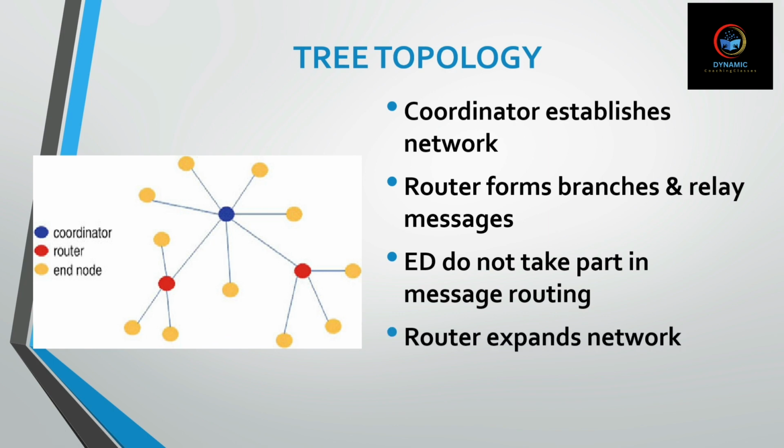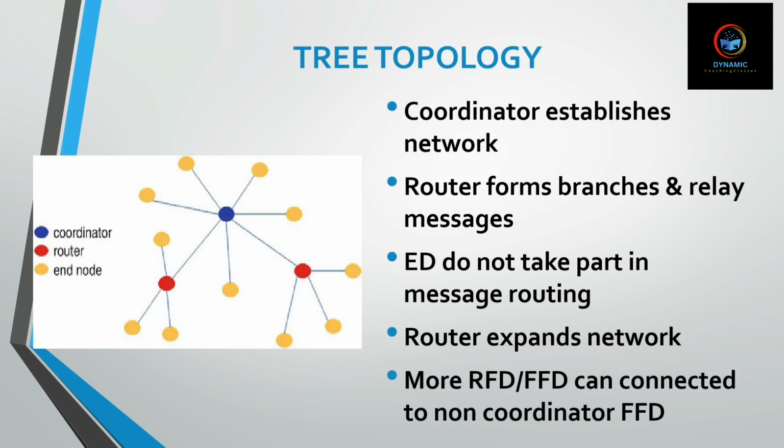What is the function of the router? Basically, the router expands the network beyond the network that has already been established by the coordinator. First the coordinator establishes one network, and you can expand this network with the help of routers. That is the function of the router. It is very similar to the star topology. The difference is that the other nodes can communicate with each other, so more RFDs or FFDs can connect to the non-coordinator FFDs.